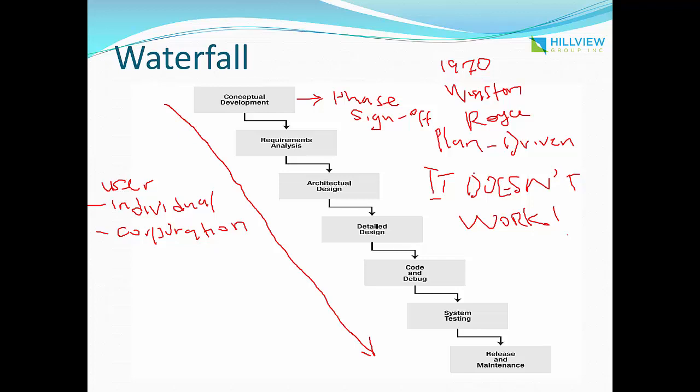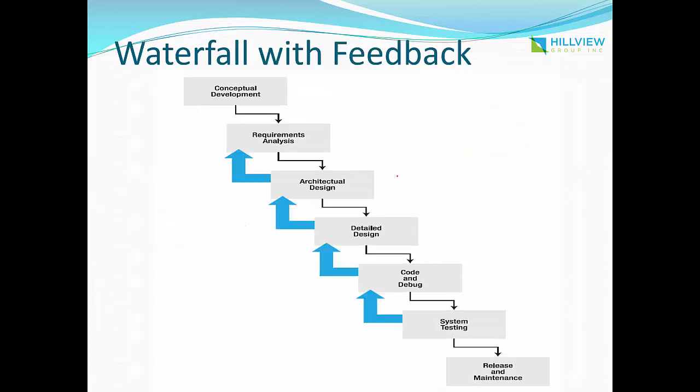All right. So if it doesn't work in the practical sense, then what do we use? An improvement of the waterfall is what we call the waterfall with feedback. Okay. So we're talking about the straight line of the waterfall that doesn't work because there is no ability to back up to a previous phase when you discover a problem in the current phase, right?